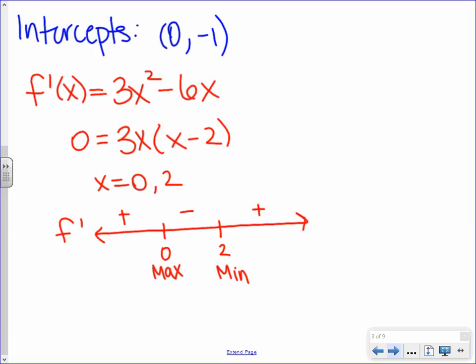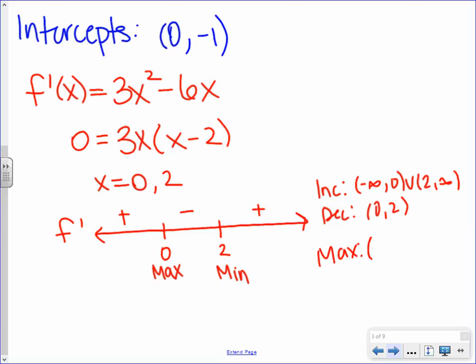So let's think about this information. We know that we are going to be increasing from negative infinity to 0 and 2 to infinity, and we're decreasing from 0 to 2. We have a relative max at x is 0 and a relative min at x is 2.